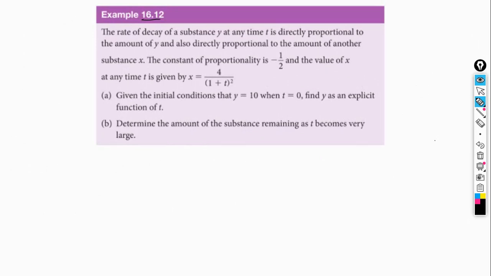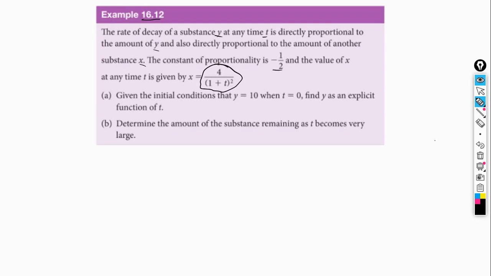So now let's take a look at example 16.12, and it says the rate of decay of a substance Y at any time t is directly proportional to the amount of Y and also directly proportional to the amount of another substance X. The constant of proportionality is minus 1/2, and the value of X at any time t is given by X equals 4 over 1 plus t squared.